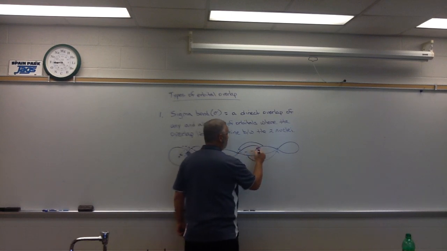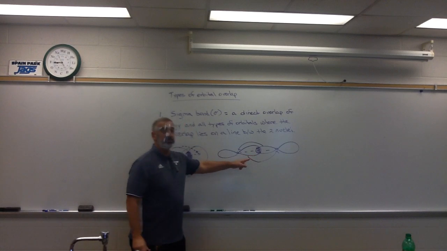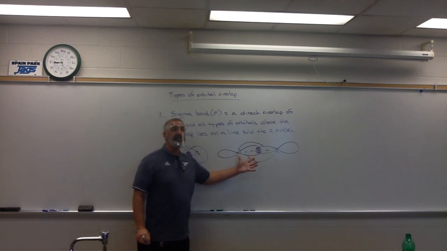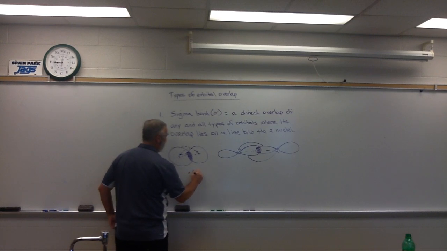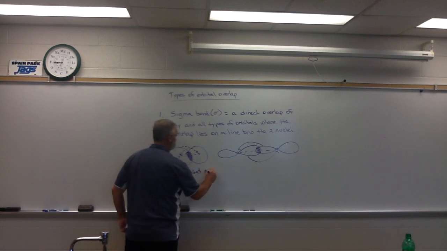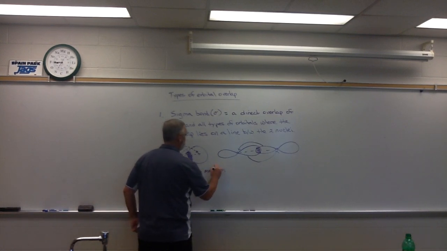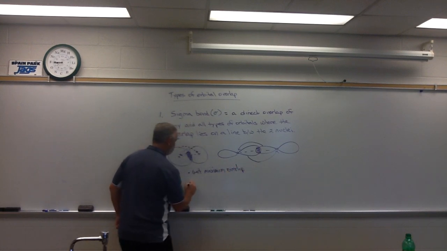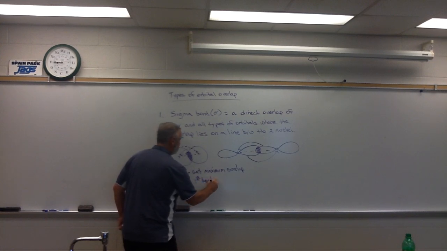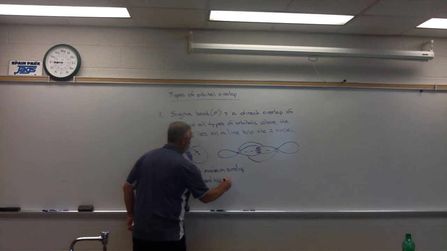But if you draw a dotted line, the overlap is between. This is a direct overlap. This is maximum overlap. It's the first bond between any two atoms.